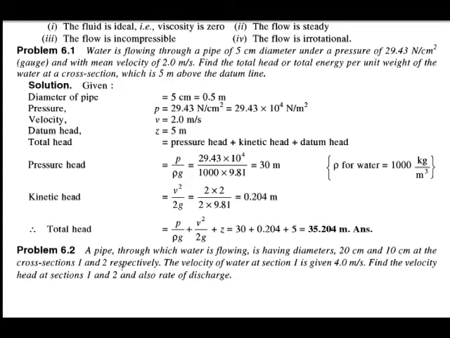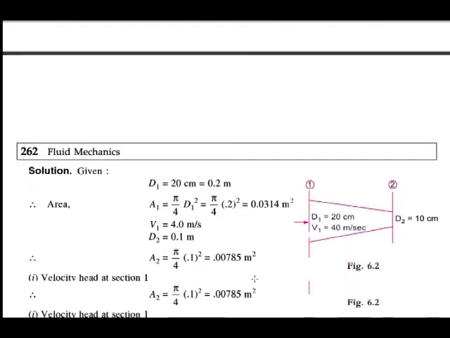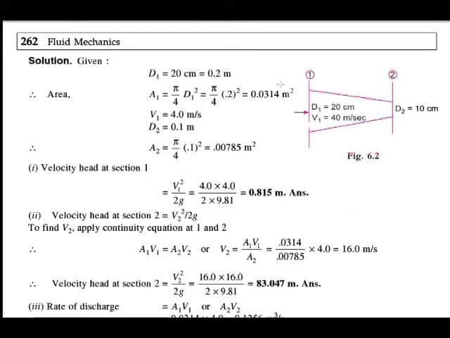Okay, so what they have given in the example is that at section 1 the diameter is 20 and at section 2 the diameter of the pipe is 10. First we will draw the diagram. Here at section 1 the diameter is 20 centimeter.